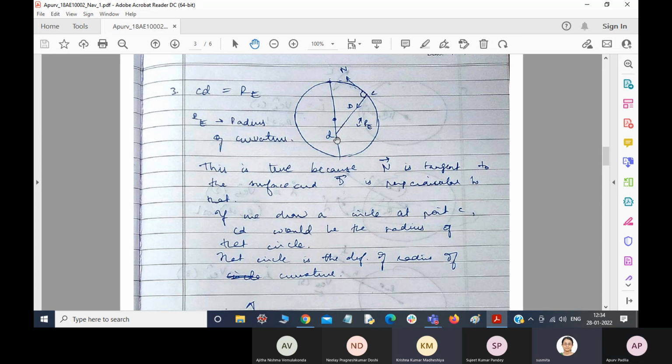But which circle? We already drew a circle that gave the north south radius of curvature, right? Yes, ma'am. That was also drawn, correct? And that was the best fitting circle to the ellipsoid. So there can be only one best fitting circle, right? Yes, ma'am. Then we already drew that best fitting circle and that only gave the north south radius of curvature, correct?